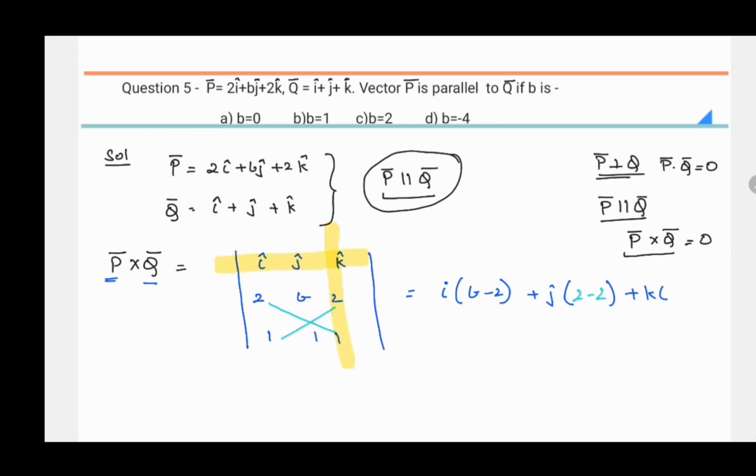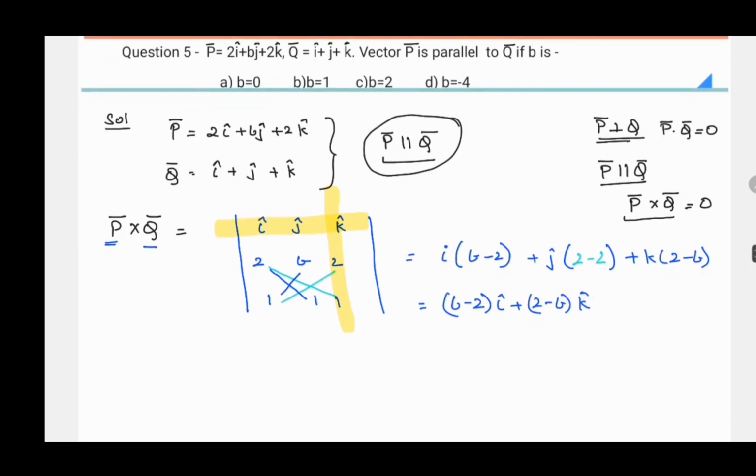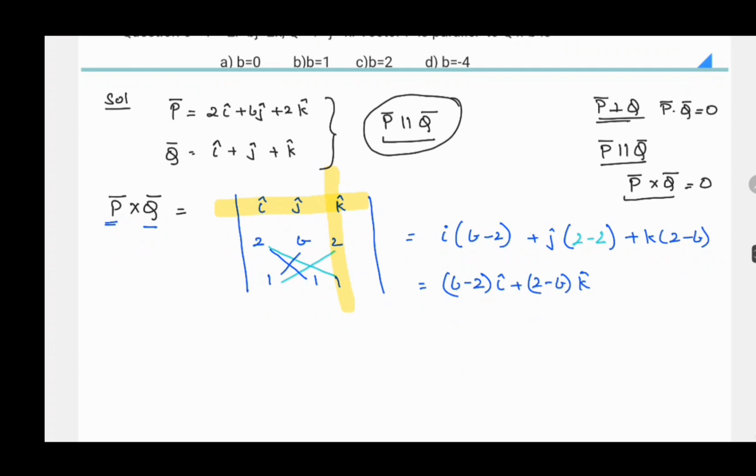Leave these two lines and multiply 2 by this and minus this. It means 2 minus b. Which will be equal to b minus 2 of i cap plus 2 minus b of k cap. Sorry, k cap.